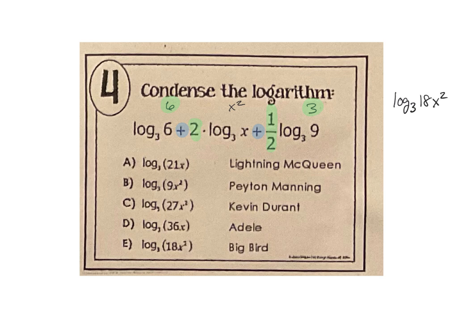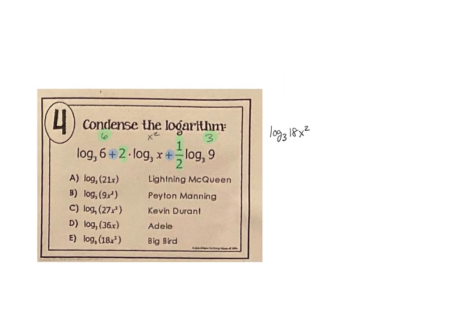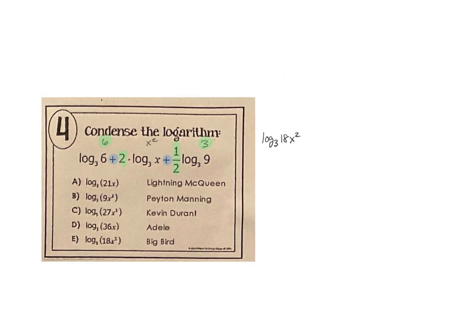18x squared. Okay, now if you didn't get that, I want to make this smaller and write it out a little bit longer hand. So my first logarithm, log base 3 of 6, I'm just going to leave alone. My second logarithm, the one that has the 2 in front, that's my star on the ground I'm going to throw into the sky, so that's going to be my exponent on my x.